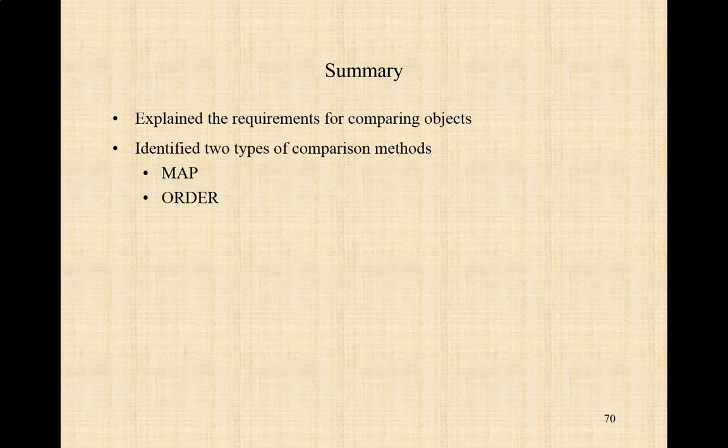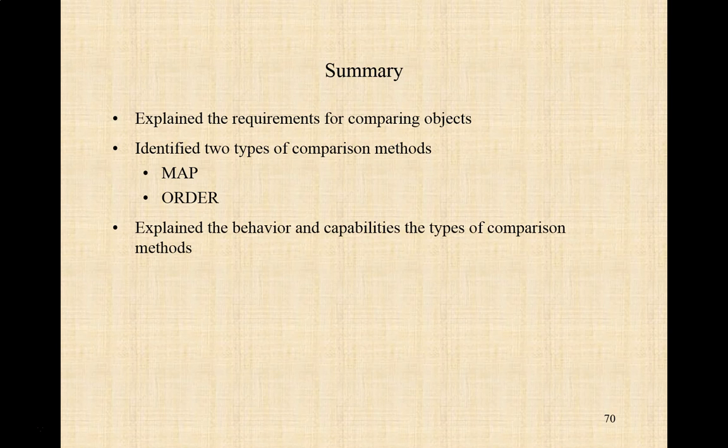In this video, we concluded our examination of object behavior, giving attention to comparison and member methods. We discussed two types of comparisons, map and order. Remember that a comparison method is optional for an object type, but if you define a comparison method, you can have either a map or an order, but not both.